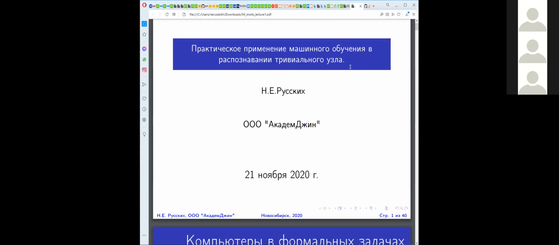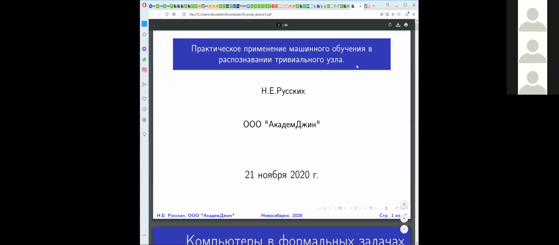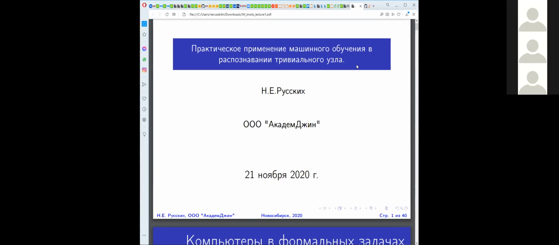As far as I know, I have 2 lectures today, and they naturally split into a general deep learning introduction to get you familiar with the main concepts, and then we'll show you a use case for knot theory. We'll show you how these concepts work in this particular task. So yeah, let's start with the deep learning introduction.